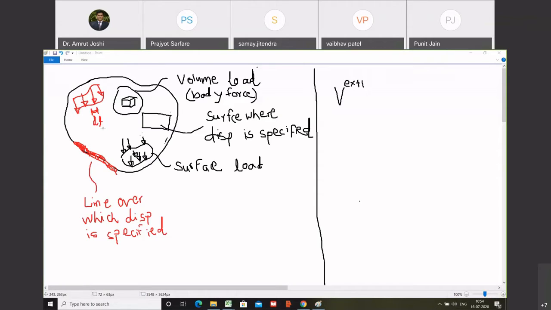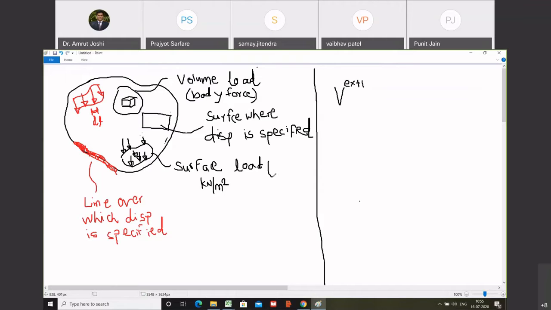Can you tell me what is surface load, Prajot? It acts over the surface of the body. Correct. It acts over the surface of the body, and it is going to have units of kilonewton per meter square.